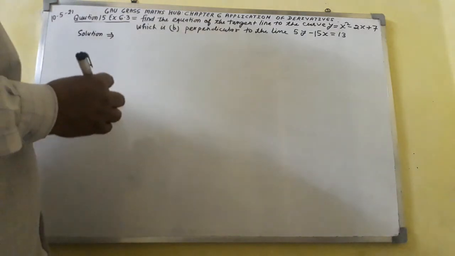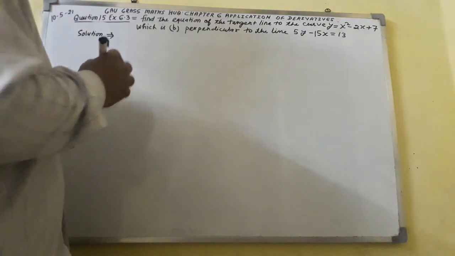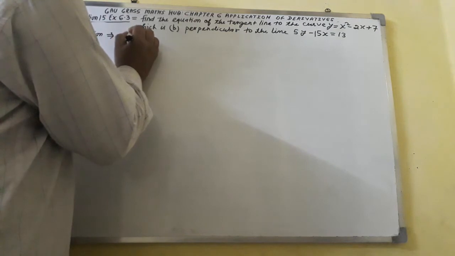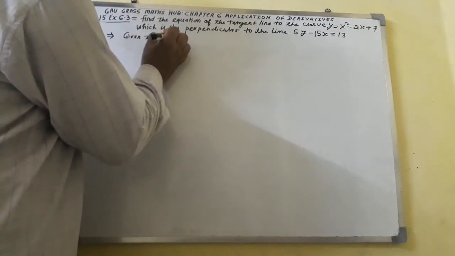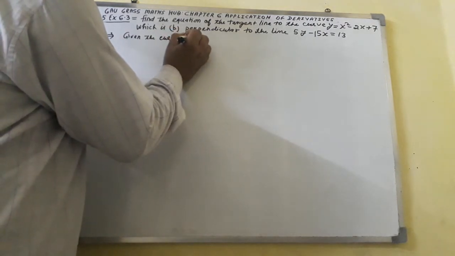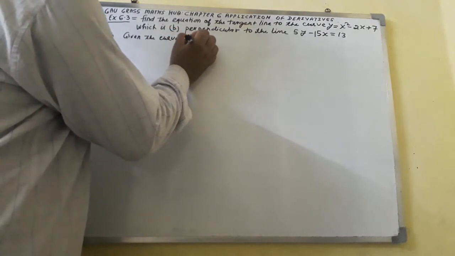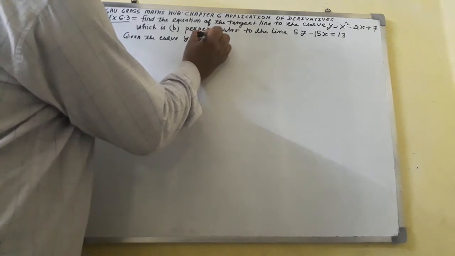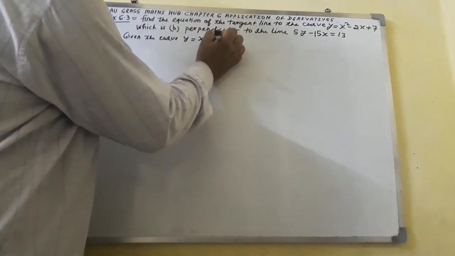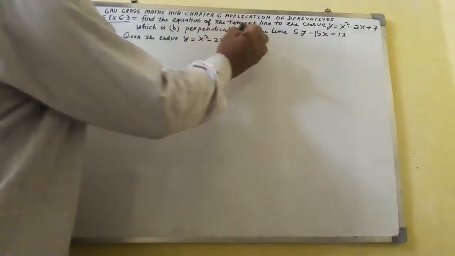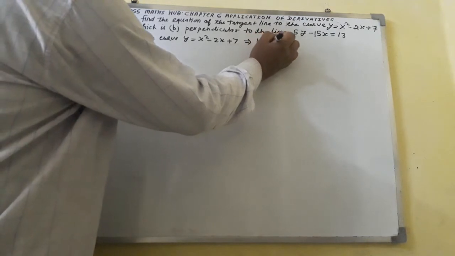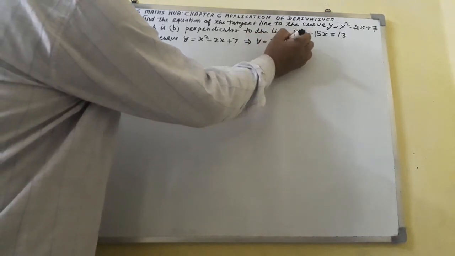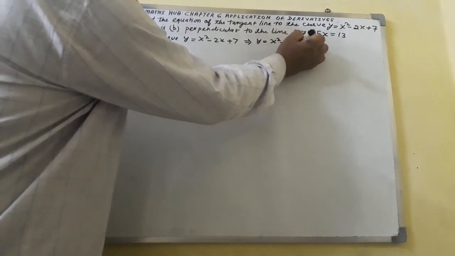So here I shall write, given the curve y equal to x square minus 2x plus 7.